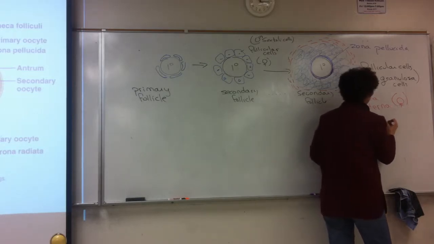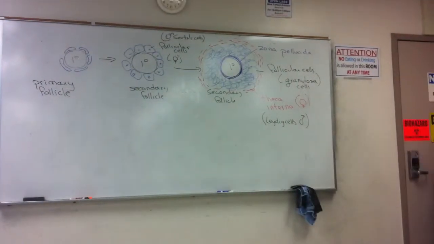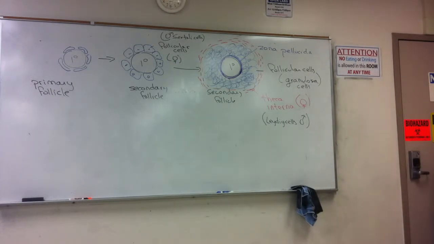Leydig is shorter to write. So what hormone are they going to have receptors for? Follicular cells bind FSH. The theca interna cells bind LH.